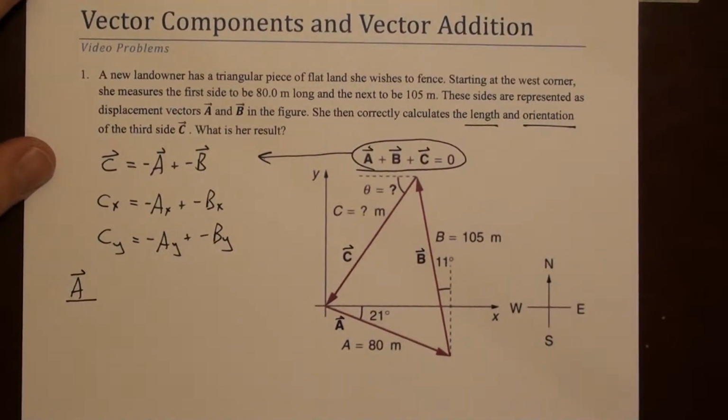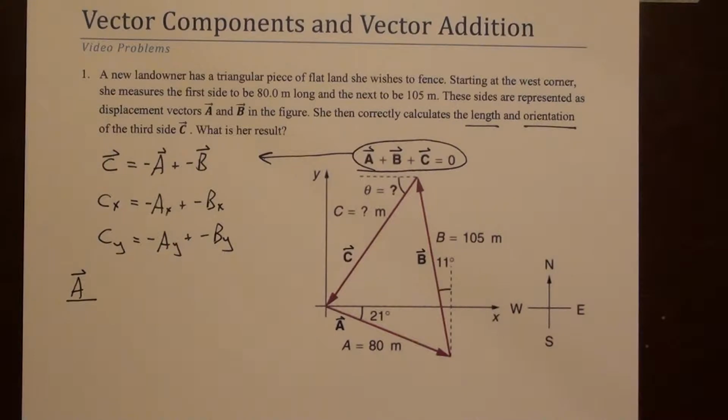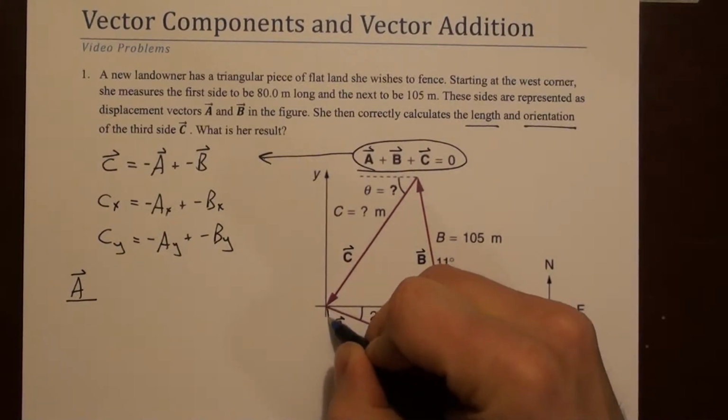So we can look at A vector, and they have x and y axes set up for us here. So maybe I'll draw the x and y components of A so we can visualize better how to come up with this.